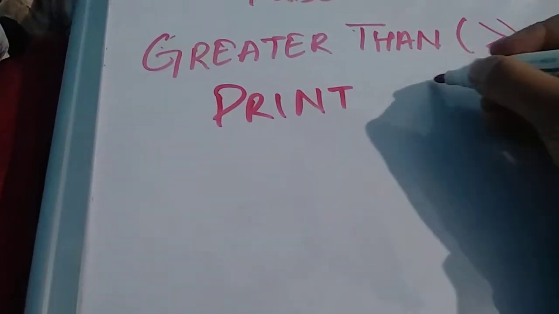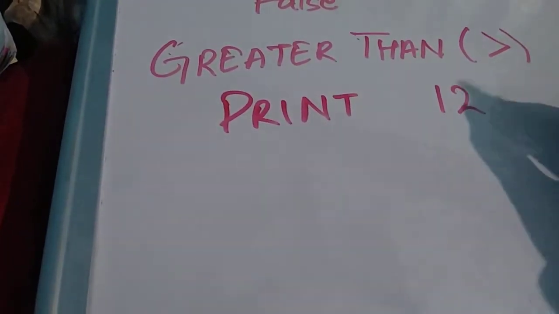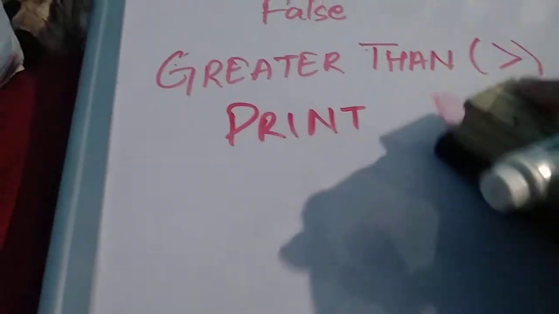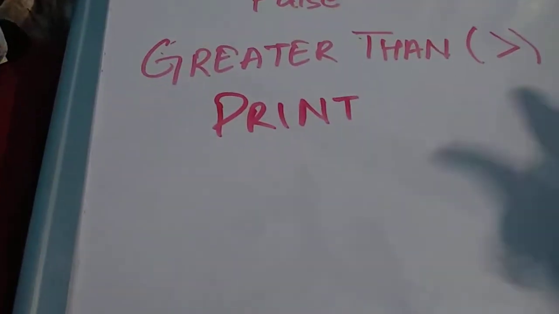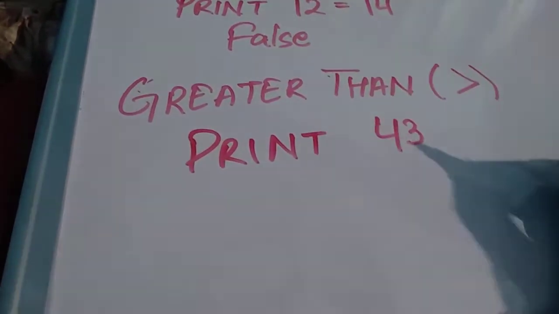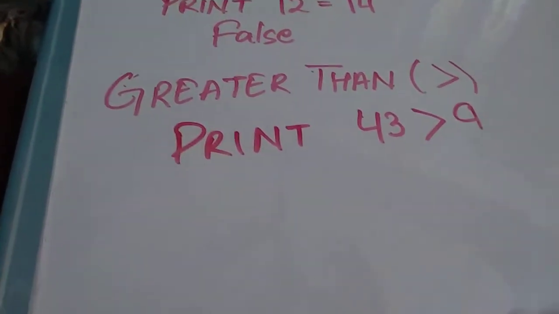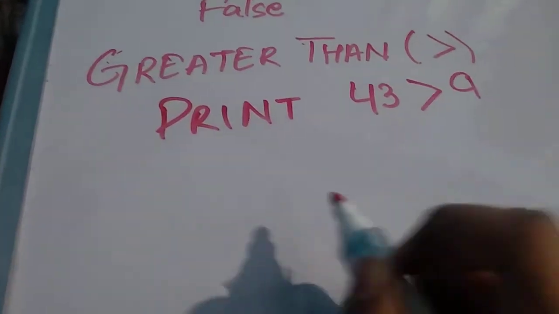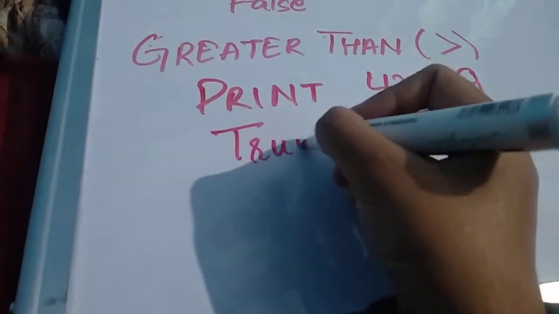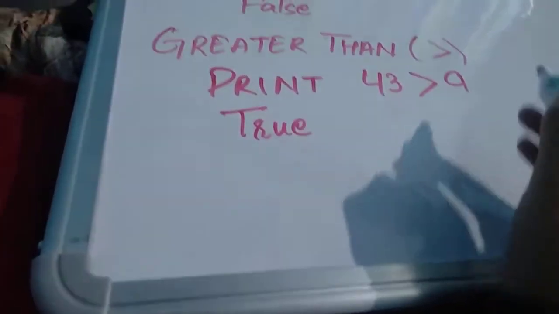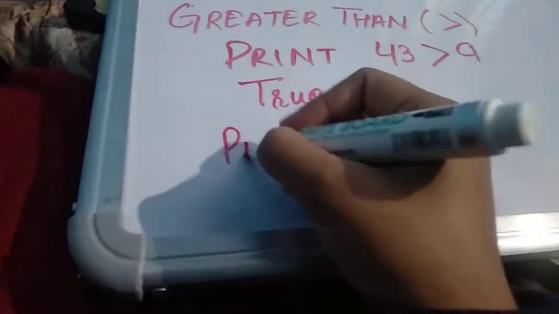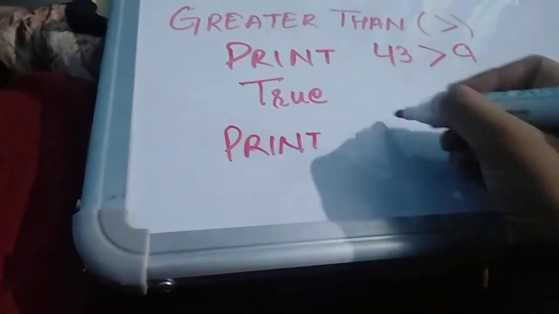Okay, so 12, or you can take another number, you can take 43 is greater than 9. So this condition is true or false? Yes, exactly. So the answer will be true. The condition is true. Okay, one more example I will take.